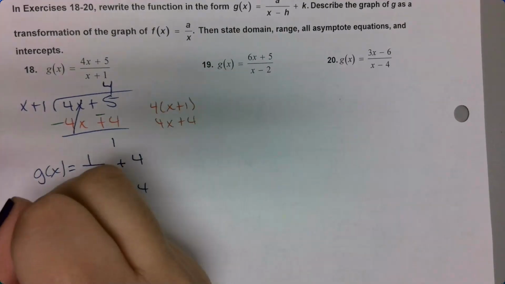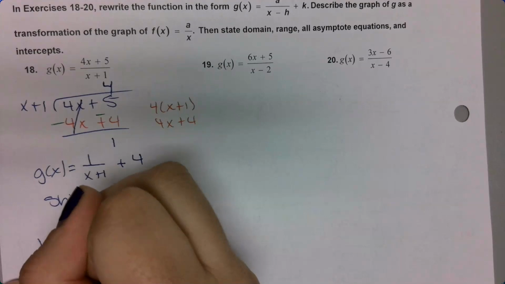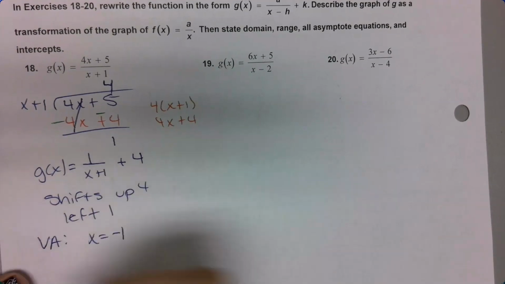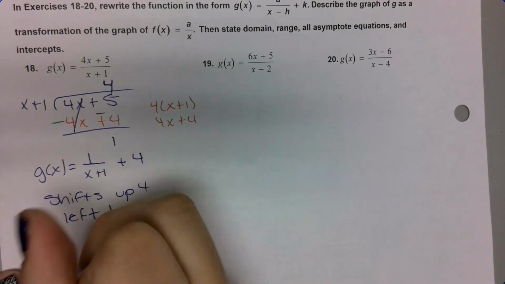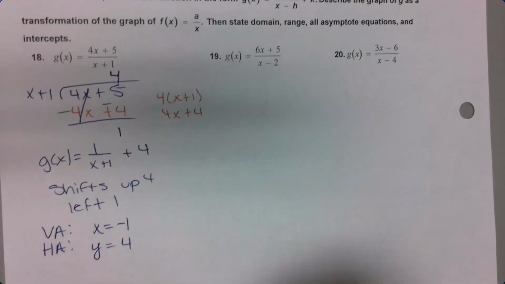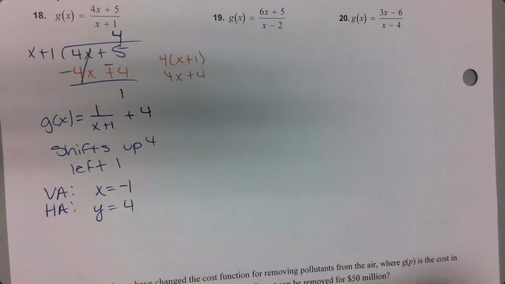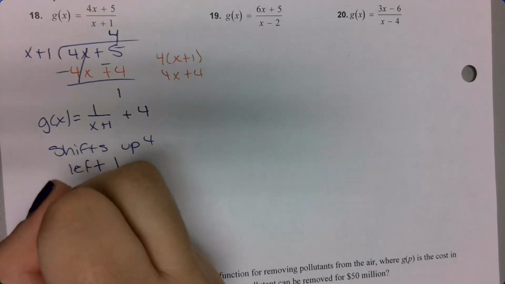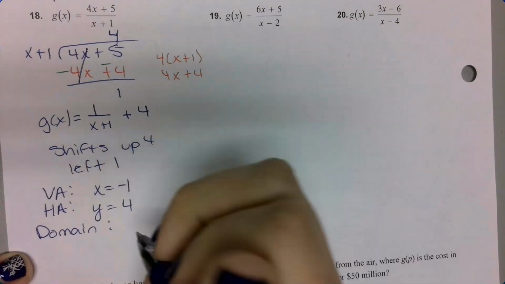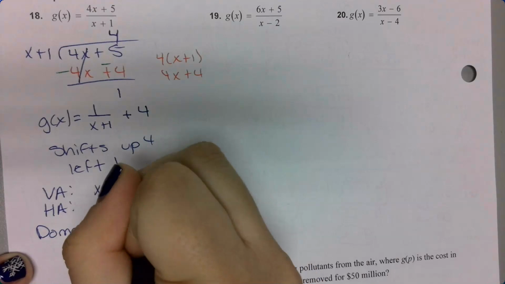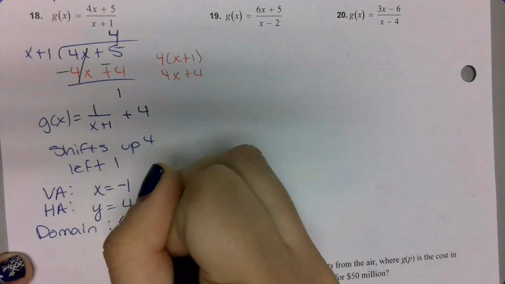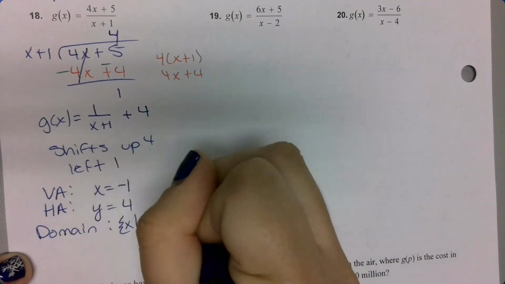Then my asymptote, for my vertical asymptote, is x equals -1. My horizontal is the number at the end, so y equals 4. Then domain is x such that x doesn't equal -1.